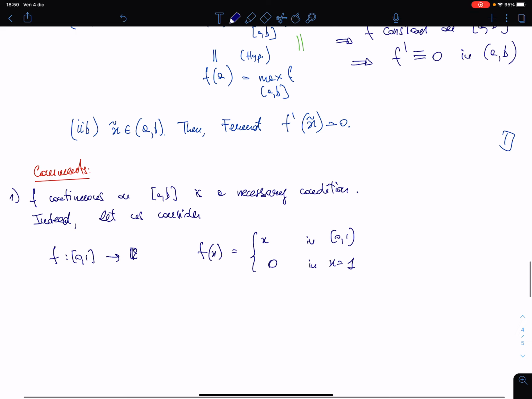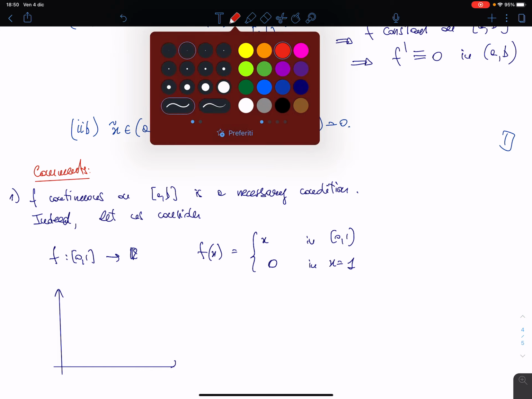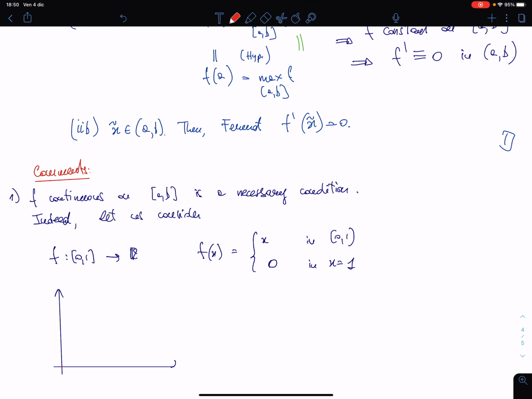Here the function is this: at x equal to 1 the function has value 0.